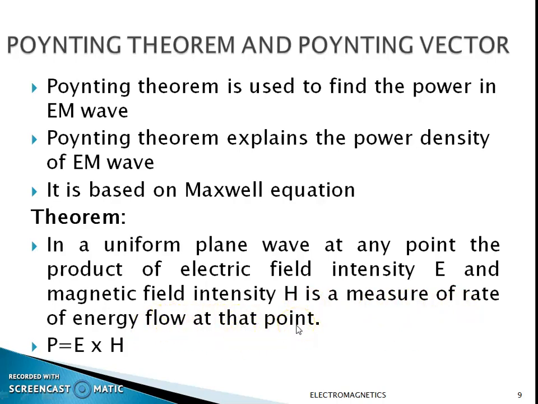That is, we are considering a particular point and we have to find out the energy flow at that point. Then the power at that point is equal to E cross H, the product of the electric field and the magnetic field.